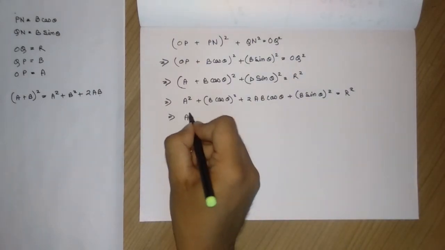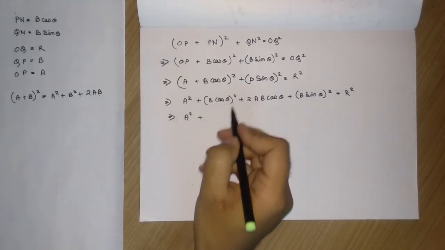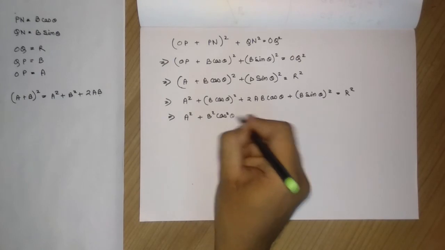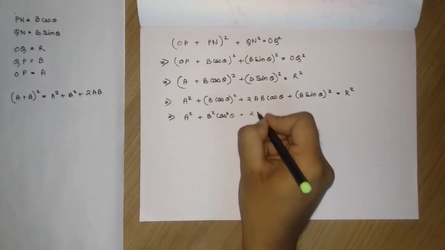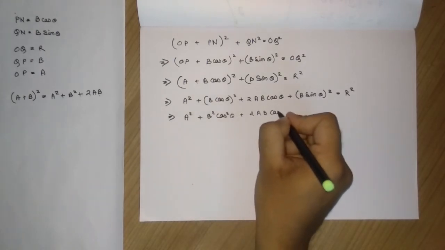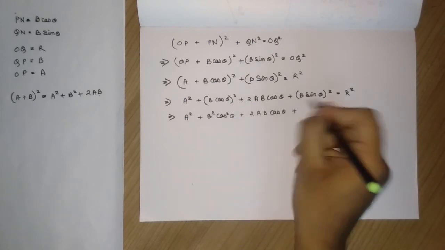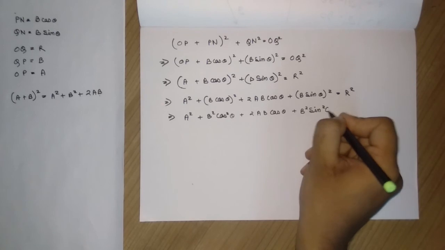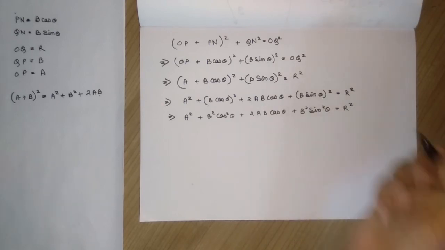Further solving it: A square plus B square cos square theta plus 2AB cos theta plus B square sin square theta, which equals R square.